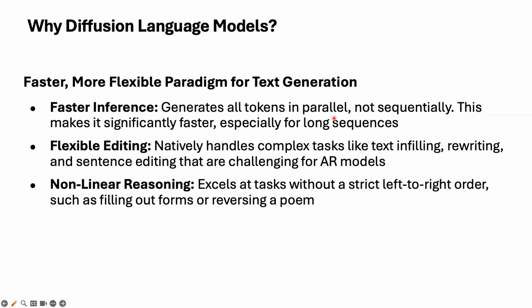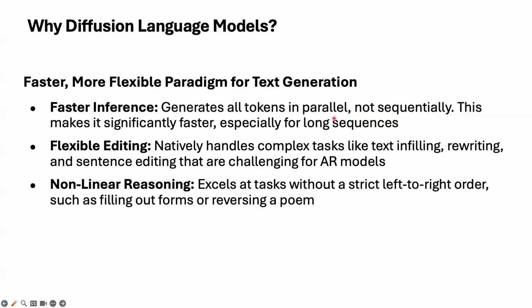There's no reason to go from left to right. And therefore, especially if you can flip multiple masks to words at a time, you can speed things up. Autoregressive models, by construction, will generate one token at a time. Each forward pass generates one token. Here, potentially could generate several tokens in one shot. Okay, which is immediately a speedup.